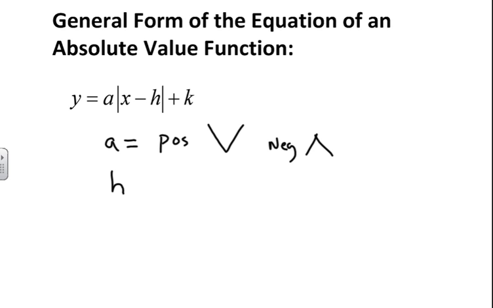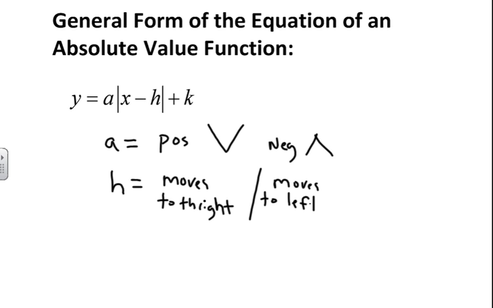H, if the number inside is being subtracted, it moves to the right. If it's being added, if it's x plus a number, it moves to the left. The whole graph moves to the left. The vertex moves to the left.